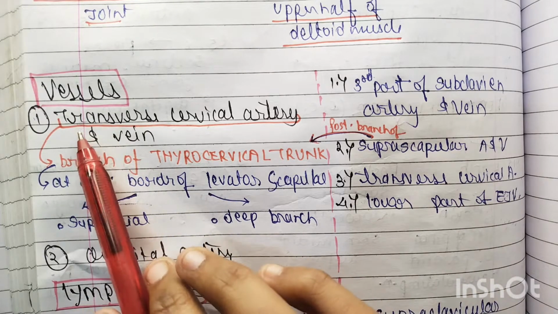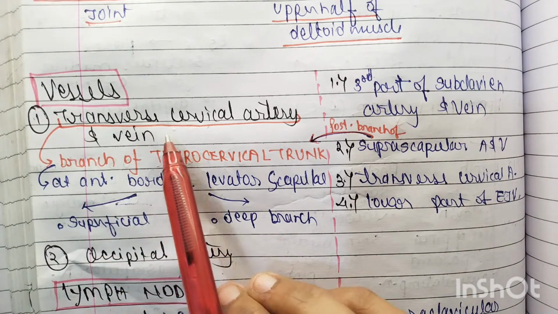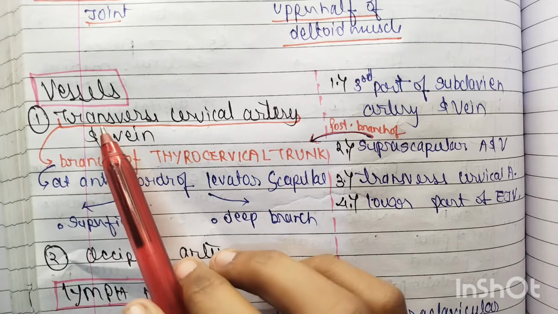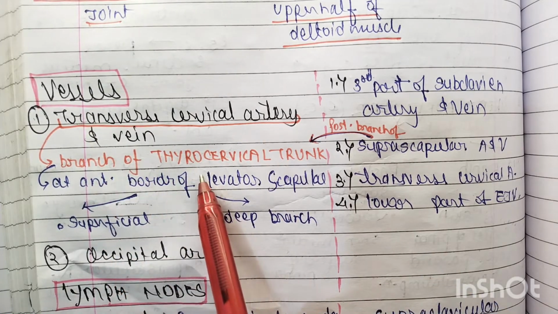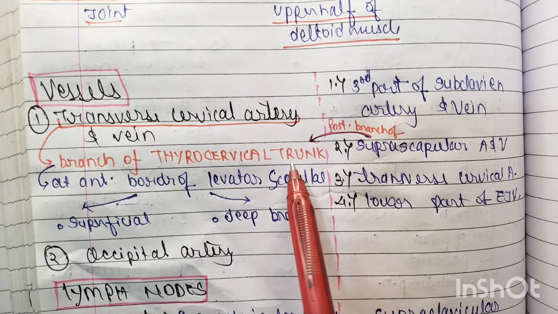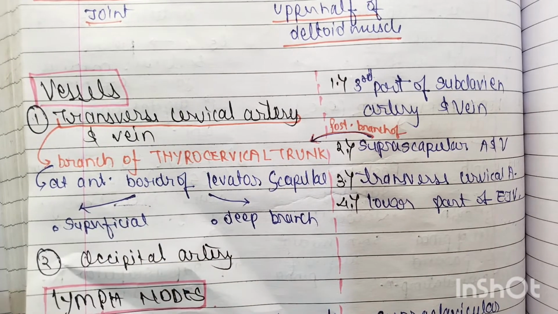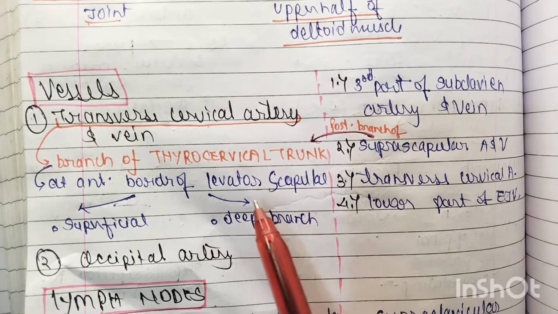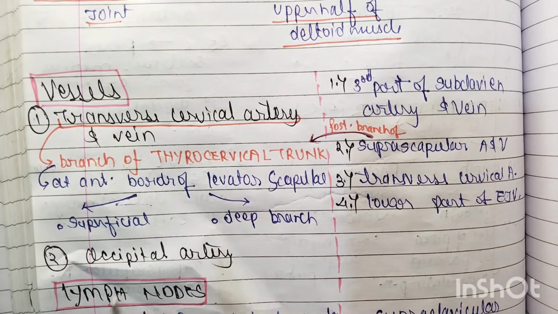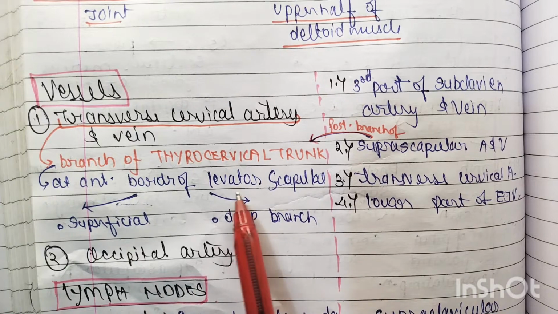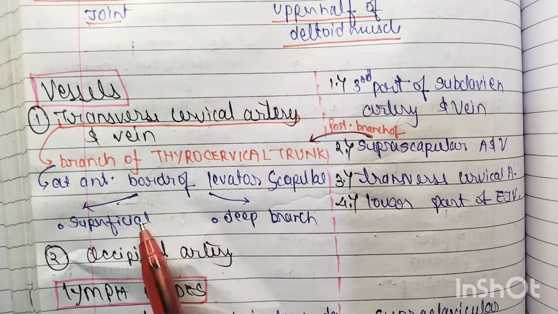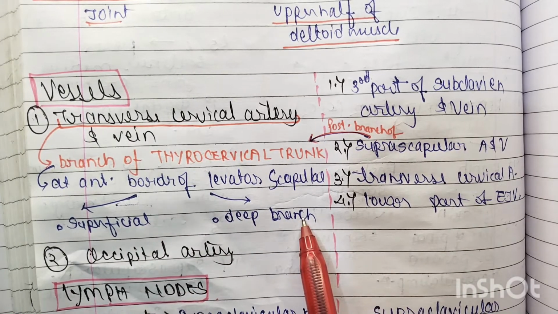If we talk about the vessels in the occipital triangle, we have two vessels: the transverse cervical artery, which is a branch of the thyrocervical trunk, and the occipital artery. At the anterior border of the levator scapulae, the transverse cervical artery is divided into two parts: the superficial branch and the deep branch.